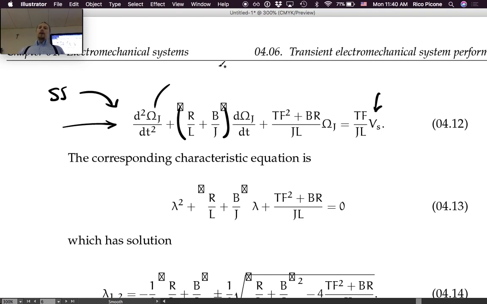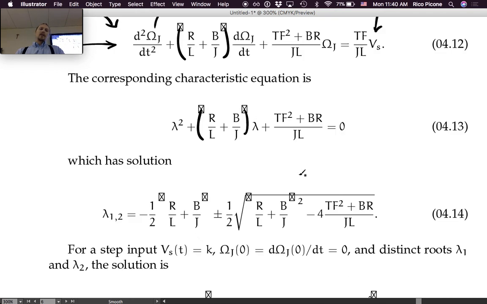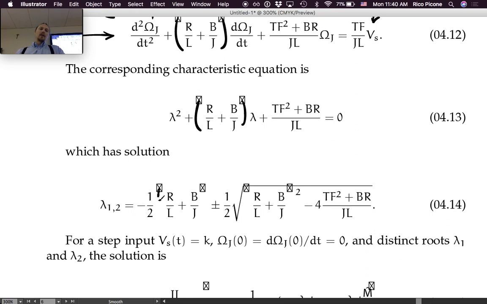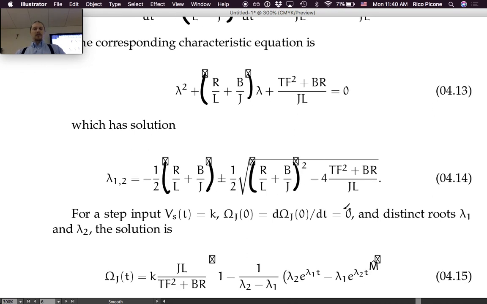Following the usual path, the corresponding characteristic equation is this. You solve for lambda, which are your characteristic roots. You get this. Annoyingly, all of my brackets look strange, but they're not in the notes as usual.